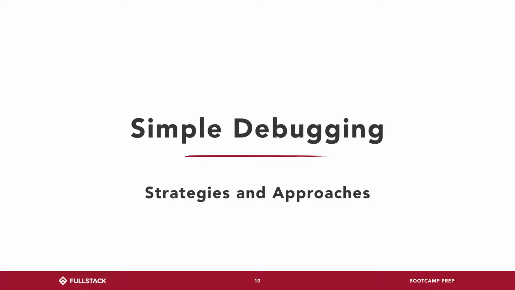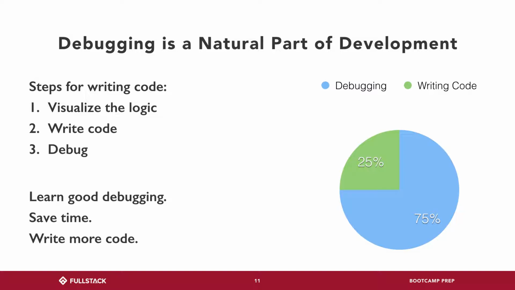Okay, and then a bit of a non-sequitur here. We're going to talk a little bit about debugging too. And some of these you've seen me do whenever we go through the problems together as a class. I think this pie chart does about right. A very small part of your life as a developer will be writing new code.